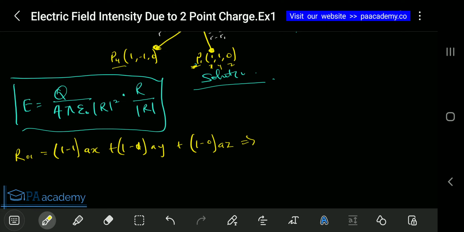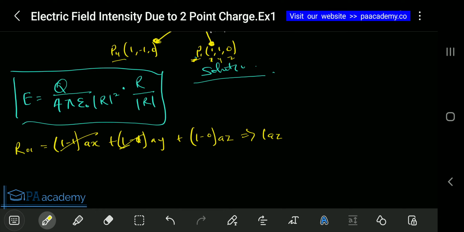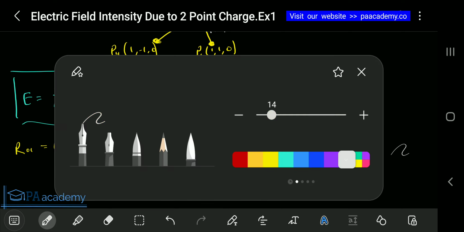If you put this together, this is going to give us 0, so we can cancel this. This is also going to give us 0, and here you are going to have 1, so that means you're having 1 AZ. Okay. Since we've already gotten the unit vector, let's go ahead and get the magnitude ones.